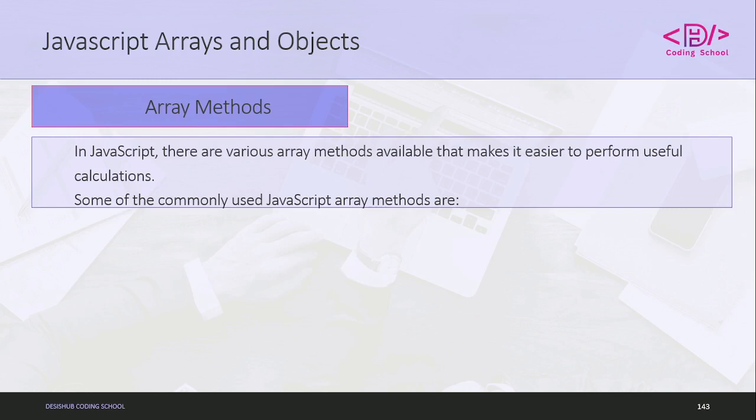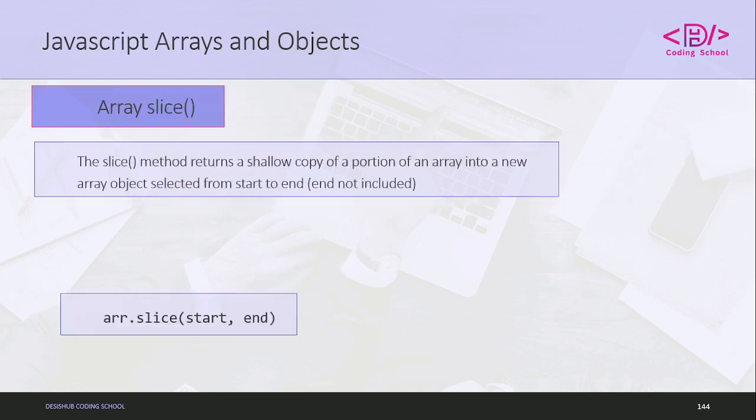Okay, so there are very many methods that can help us perform different tasks depending on what you are trying to do. So let's dive in and look at different array methods. The first method we're going to look at is the slice method, and at least this method you remember from the strings.